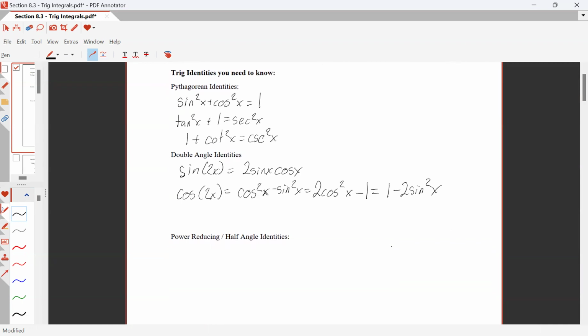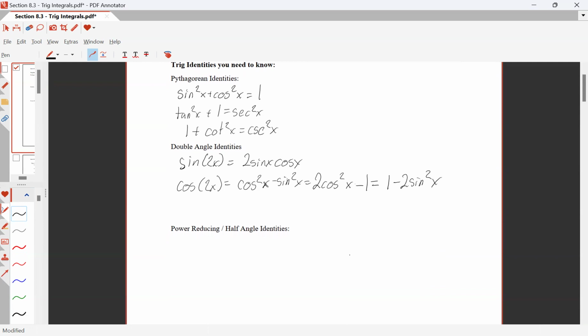quite a bit as well, are the power reducing or half angle identities. These formulas are really just the double angle identities rewritten, where we know cosine 2x equals these three things.